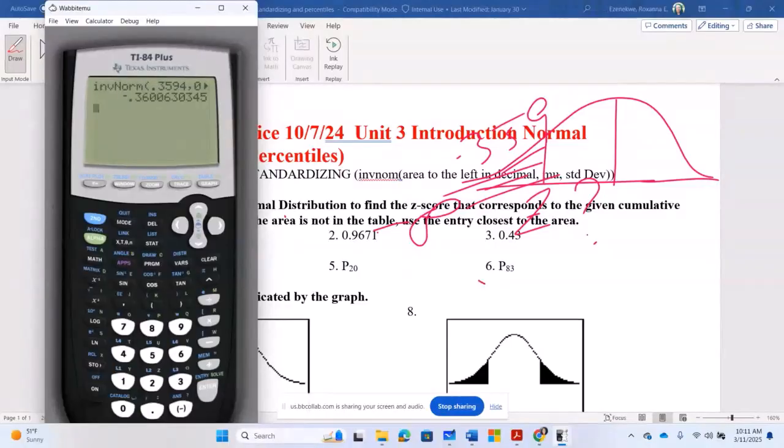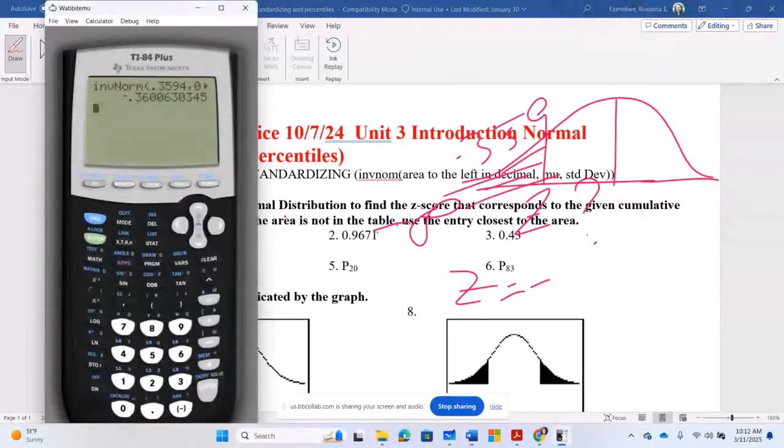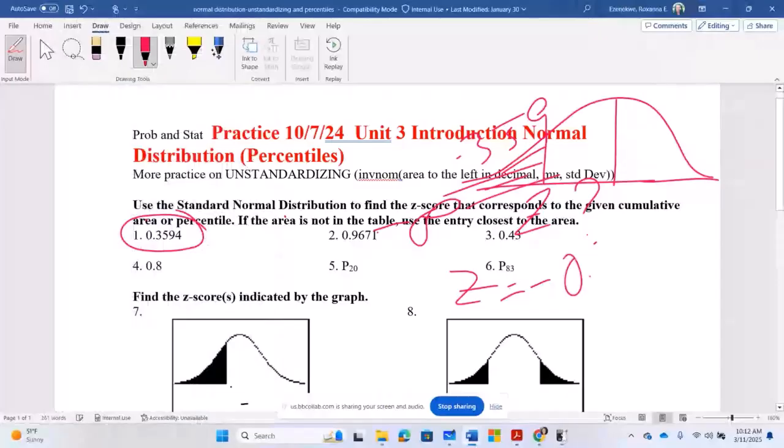When I hit enter, I have negative 0.36. So the z-score corresponding to this is negative. Of course we know it's going to be negative because it's on the left-hand side of the mean. So we know that z is equal to negative 0.36.